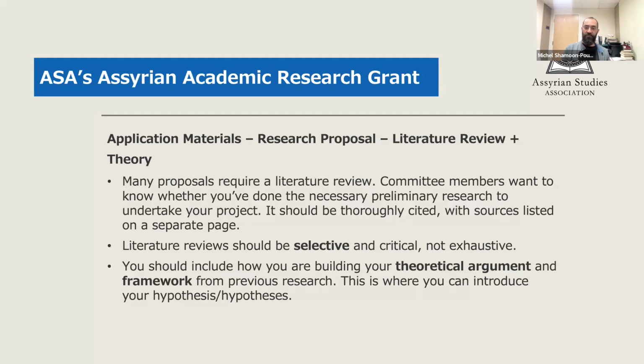I would like to emphasize before I forget that this part should be thoroughly cited, right? So you need to show us the citations and the sources, and make sure that you have a list of those sources also provided, I guess at the end of the research proposal, at the bottom.